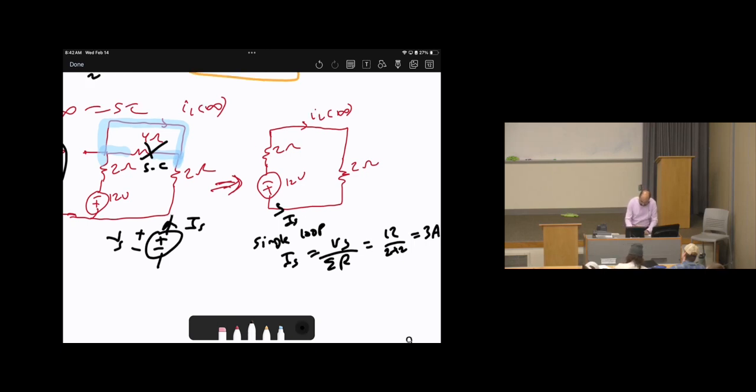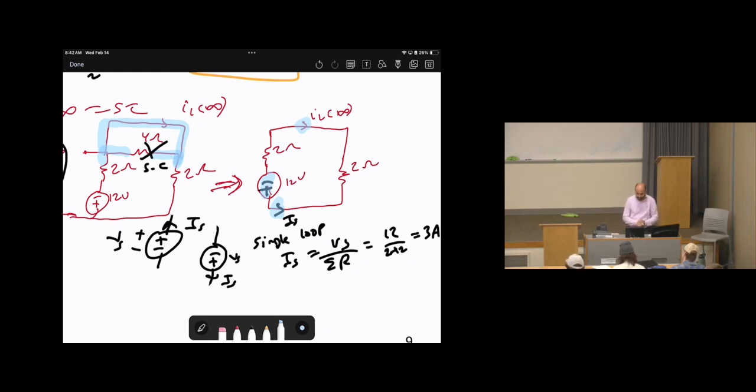If the polarity of the source goes down, then we will assume the current goes down, right? Now, since the polarity is like this, the current direction goes this way. It's traveling counterclockwise. However, IL is clockwise. So IL is the opposite of the reality.